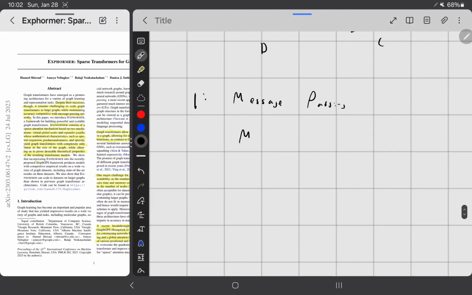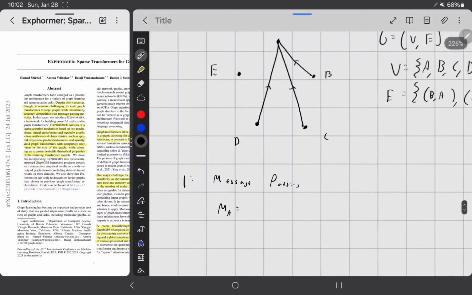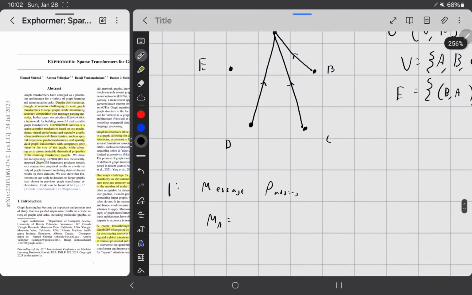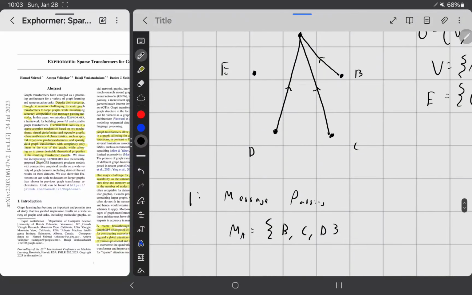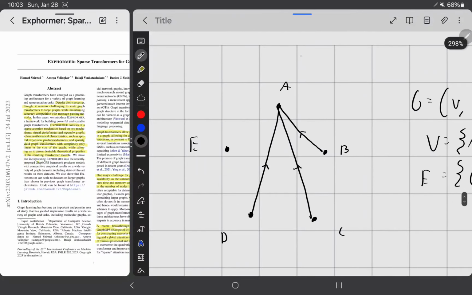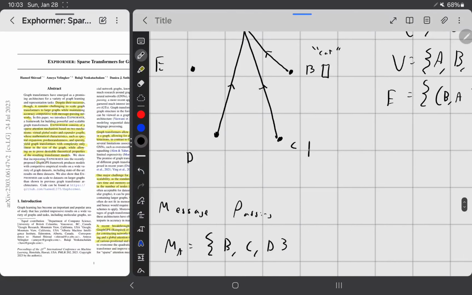So our messages for A are going to be B, C, and D. Now, these nodes are not just nodes. Rather, we're going to have a vector for each one. You can think of this as being the encoded word for "the", and this vector being the encoded word for "cat", and this vector being the encoded word for "sat", and so on.